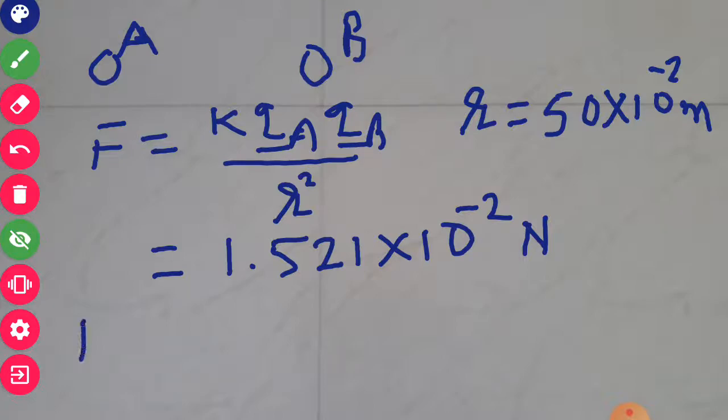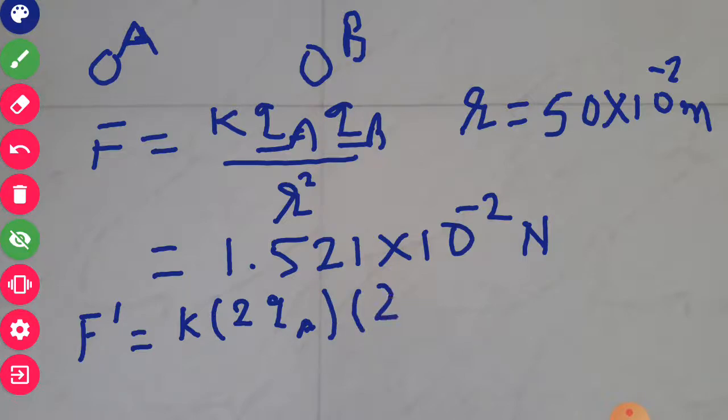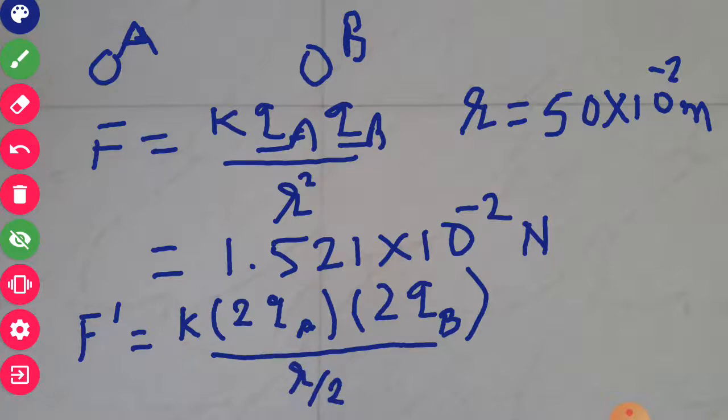So the new force, say F prime, will be equal to K into 2 times QA into 2 times QB, and the distance is made half, so it becomes R by 2 the whole square.